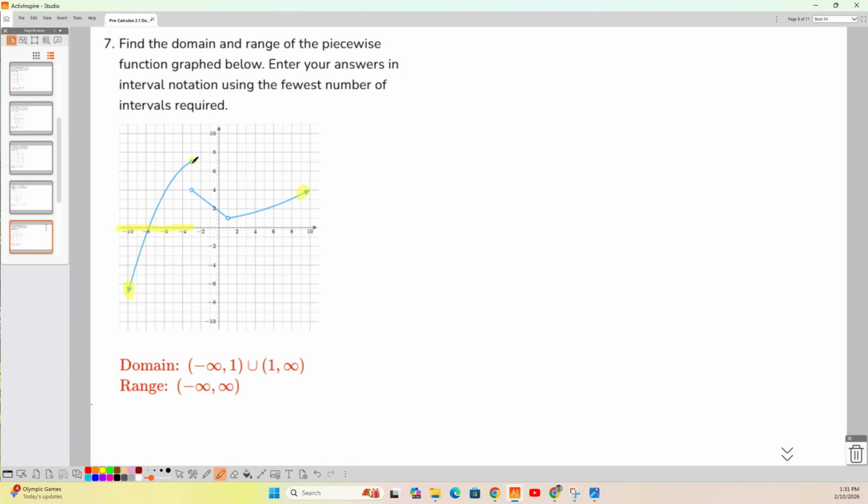So this x value of negative 3 does exist. So keep going until we get to 1. There is an open circle at 1, so we're not going to include 1 for the x. We go from negative infinity to 1 with a parenthesis, union, then we pick up immediately after 1, and the graph exists forever to the right. So 1 to infinity, but not including 1, so we use a parenthesis.